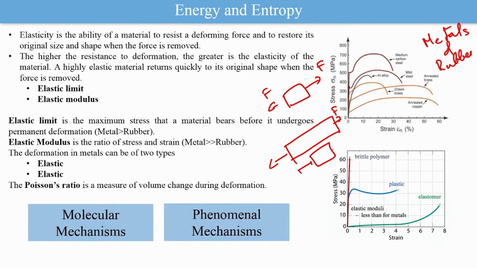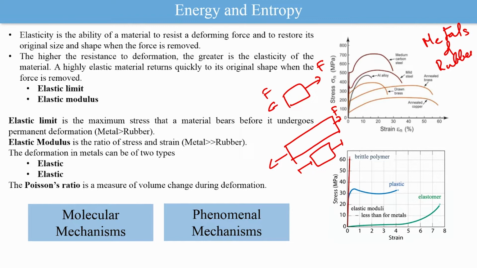So, you say, okay, this material is elastic. So, basically elasticity is the ability of material to resist a deforming force, and once this deforming force is removed, its ability to come back to its original shape and size. That is what elasticity is referred to as.